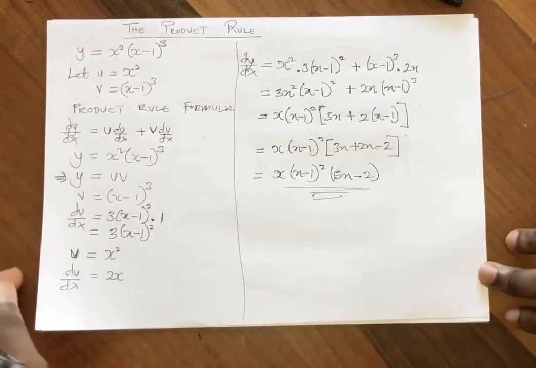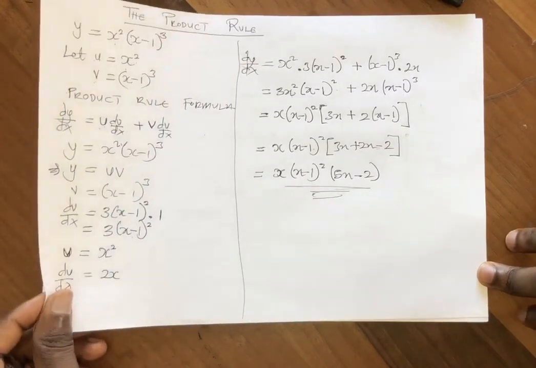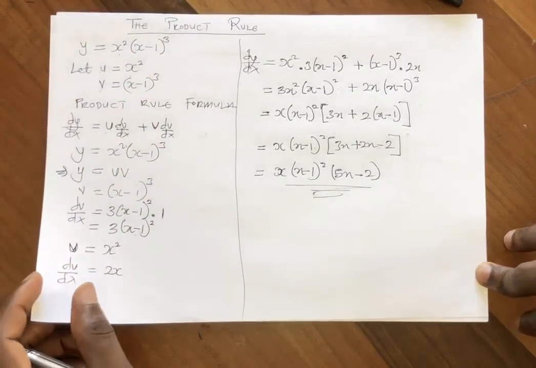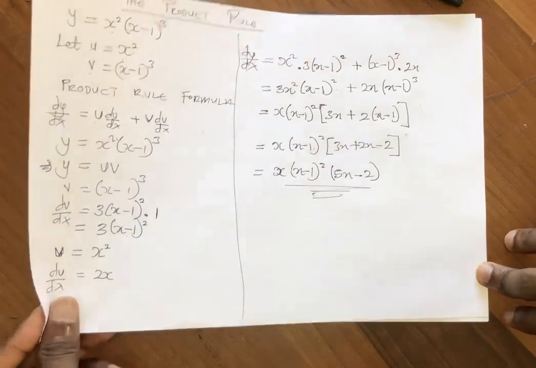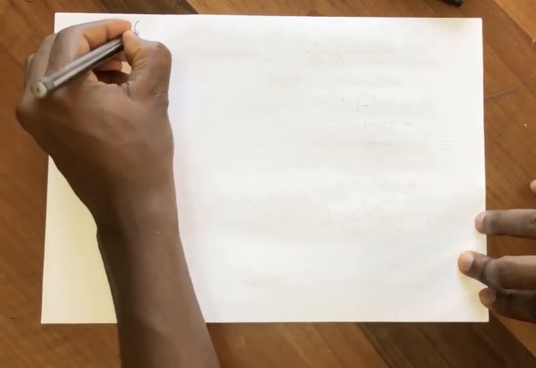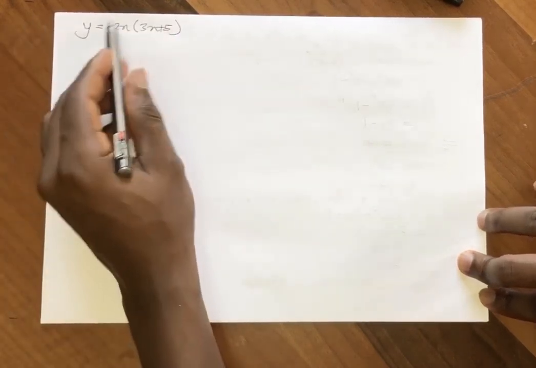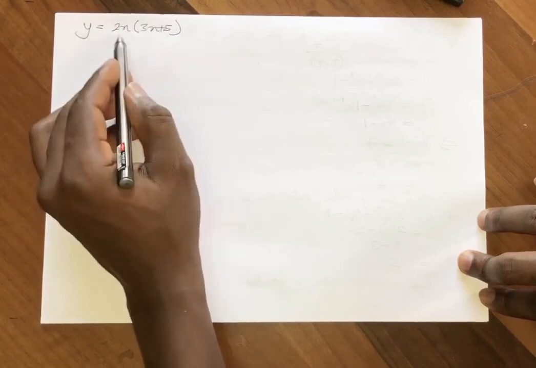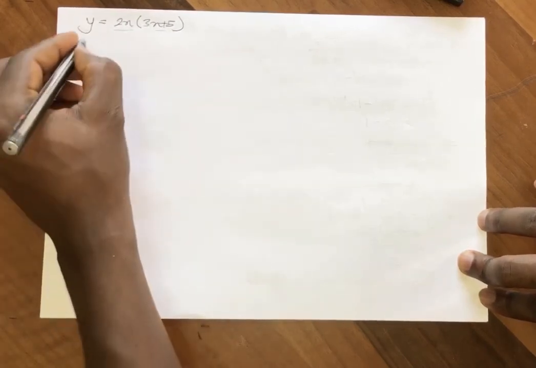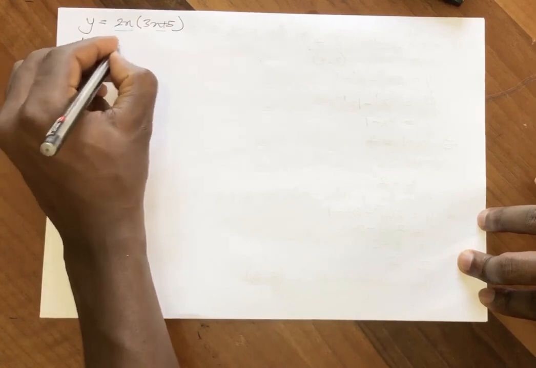So let's solve another example under product rule and see how to apply the same trick. This one, we have a very simple question: 2x times (3x plus 5). It's called product rule because you are multiplying two functions. So let u be equal to the first function, which is 2x.